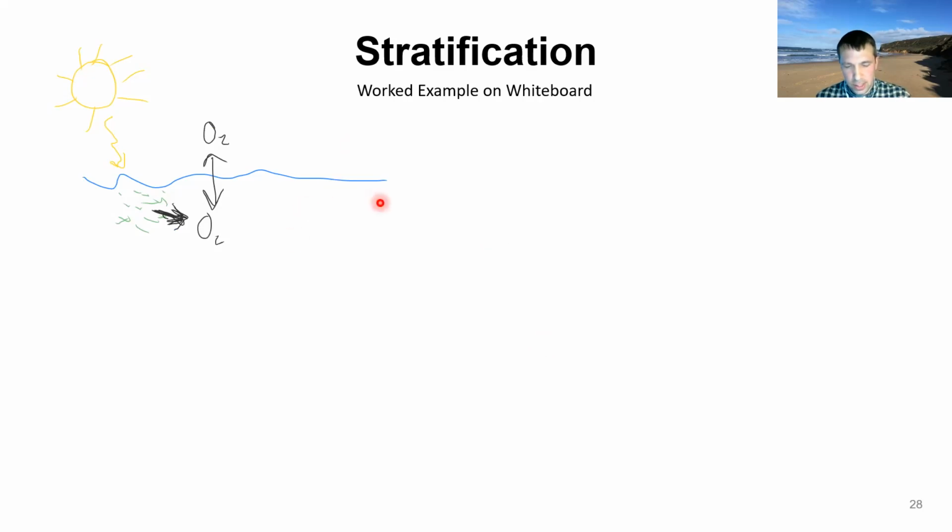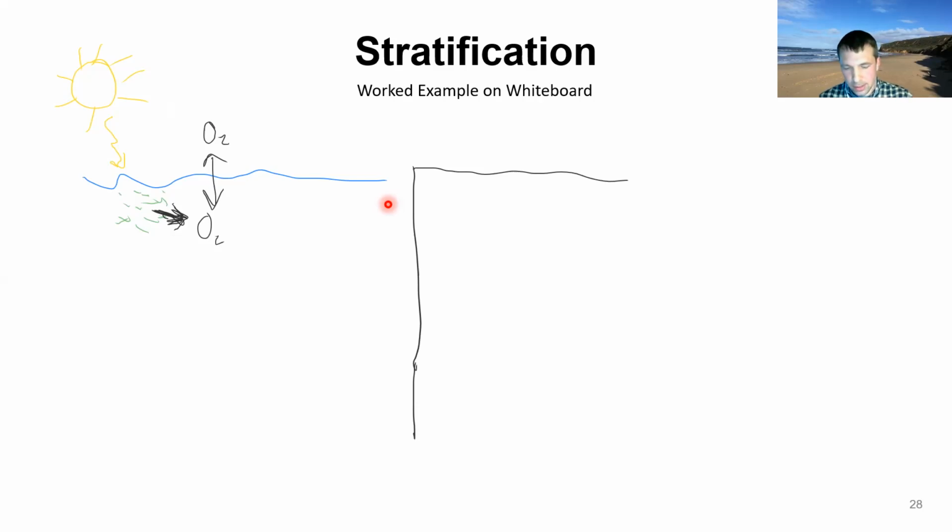So if we were to think about the rates of photosynthesis and respiration, sunlight can only penetrate to a certain depth.